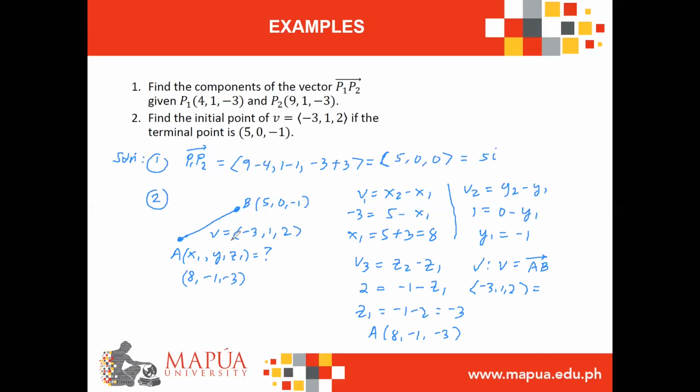So let's subtract now. 5 minus 8, that will be negative 3. Then 0 minus negative 1, that's positive 1. Then negative 1 minus negative 3, that's negative 1 plus 3, that's positive 2. So we have the same components. That means our answer is correct.